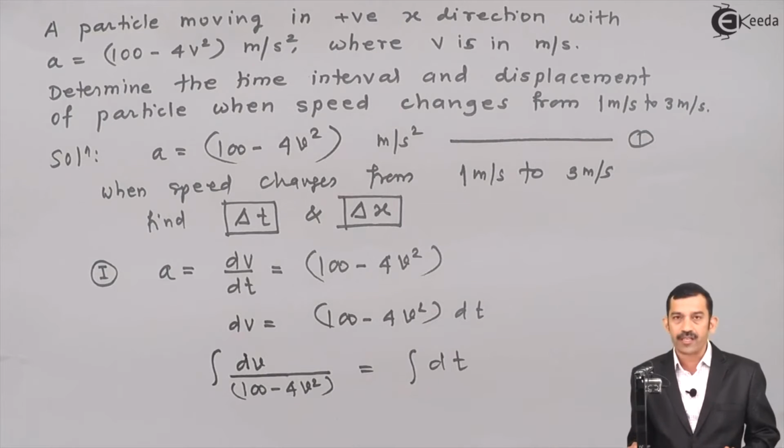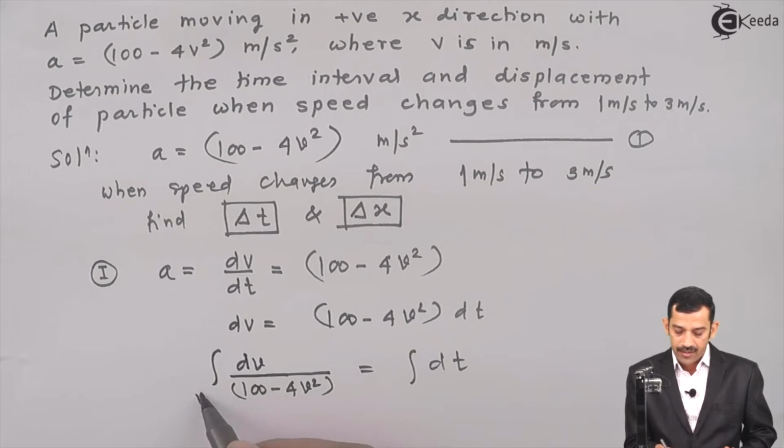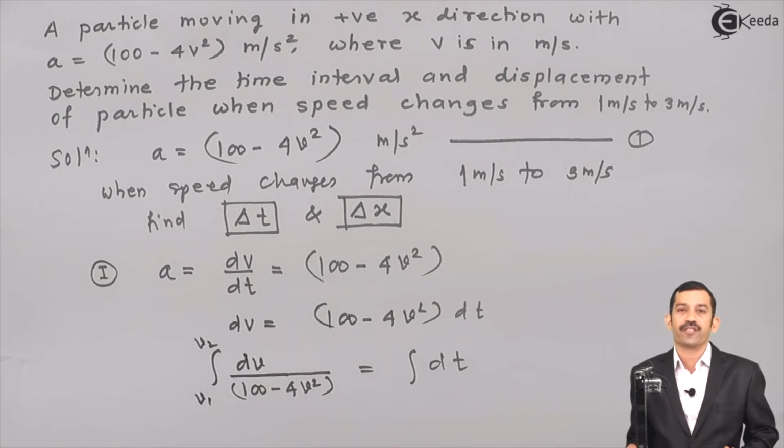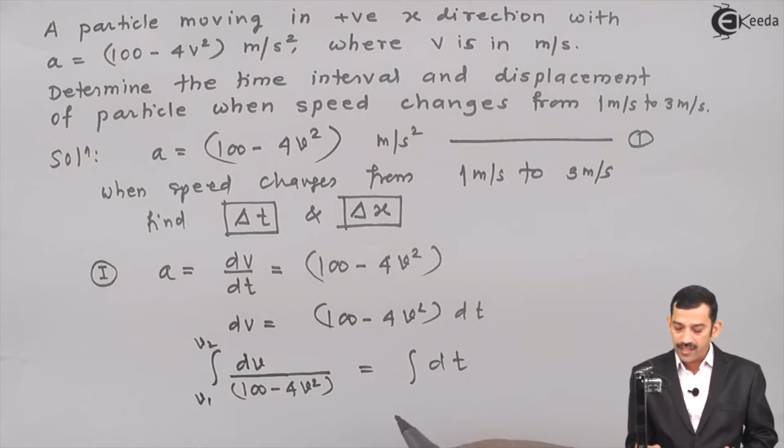Limits of integration are important. Here velocity v varies from v1 to v2, that is 1 meter per second to 3 meter per second, and time t varies from t1 to t2.